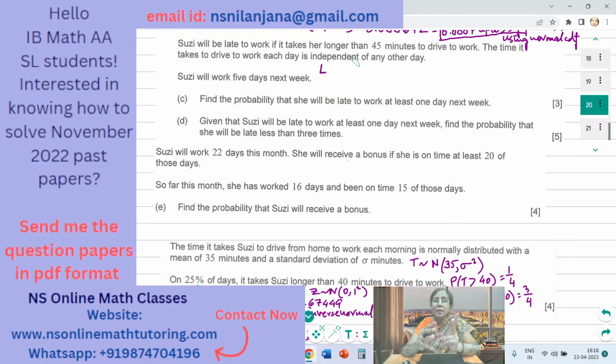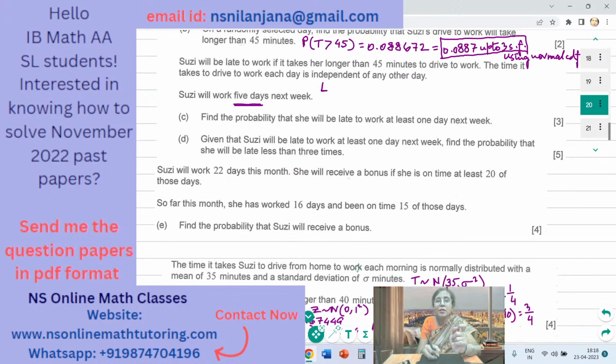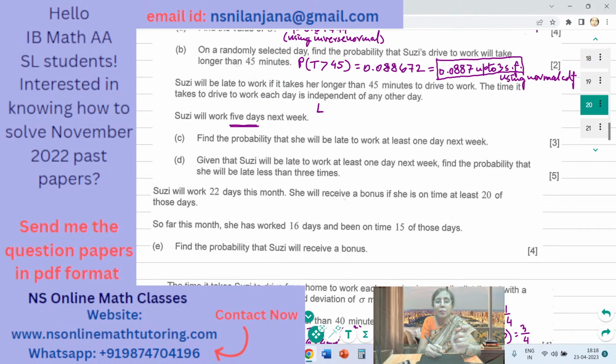There are two possibilities. All are independent trials, not related to one another. And the number of trials is fixed because it is 5 days next week. So how many days is that? It is fixed. Two outcomes. Probability is fixed because the probability that she is taking more than 45 minutes is this one, or this one.